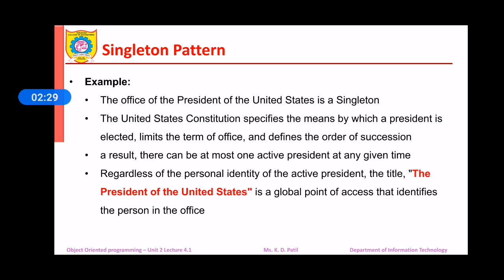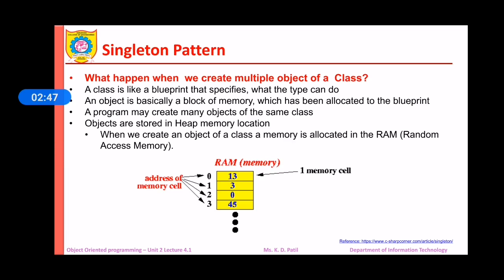Regardless of the personal identity of the active president, the title, the President of the United States, is a global point of access that identifies the person in the office. Now here, the President of the United States is the single object of that respective class.